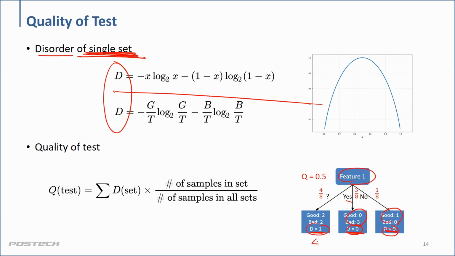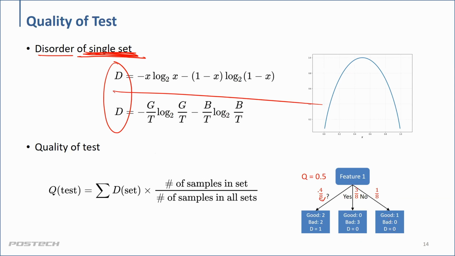Here we have 4 products, 3 products, and 1 product. We have a total of 8, and 4 of them belong to one set; a total of 8, 3 of them; a total of 8, only 1 of them belongs to each set.